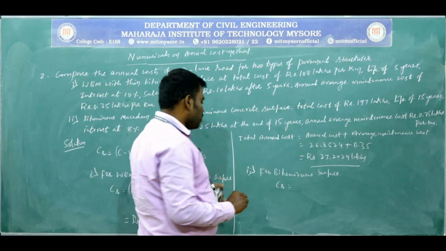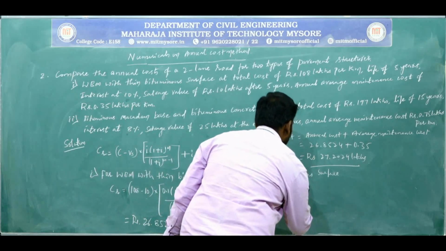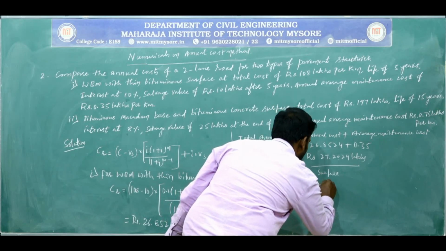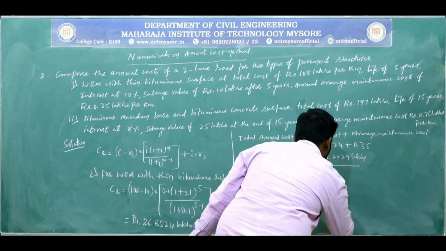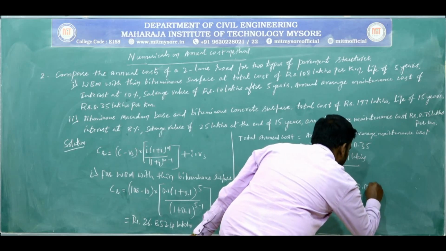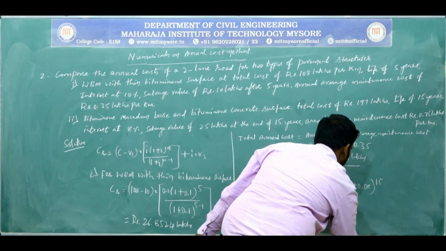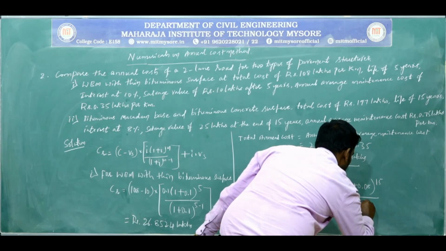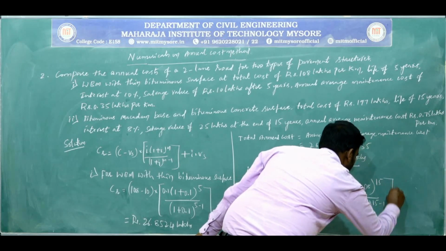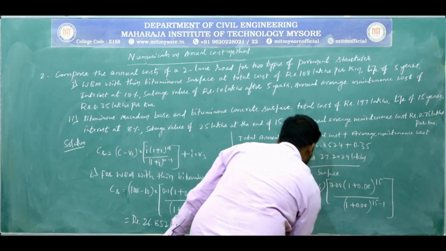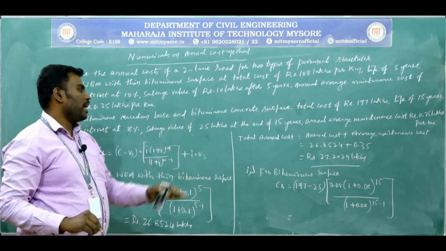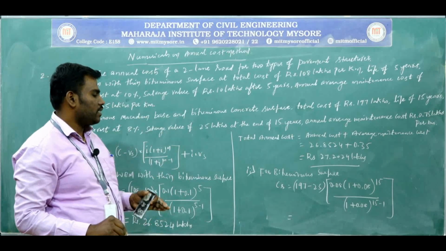First find out the annual cost. It is C minus Vs, C is 197, Vs is 25, multiplied by I is 0.08, (1 plus 0.08) to the power of 15, divided by (1 plus 0.08) to the power of 15 minus 1. This will give the annual cost of bituminous macadam base with bituminous concrete surface.